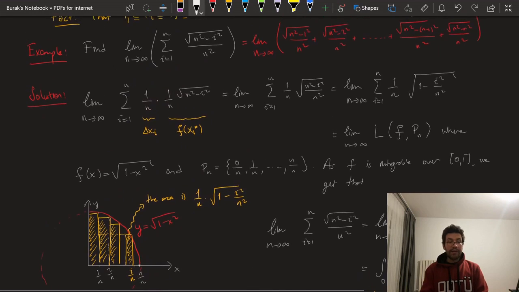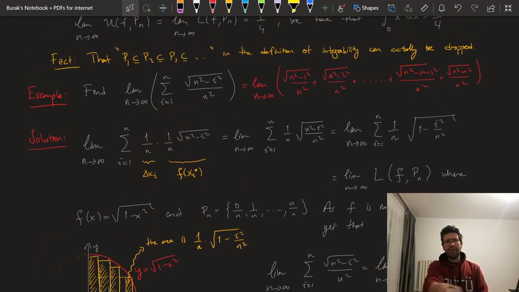So what did I do here? I'm given this interesting limit of a certain sum, and I tried to see the sum as a Riemann sum, and it turned out to be a lower Riemann sum. I could have seen this as a general Riemann sum for some other function as well, but I realized that I can see this as a lower Riemann sum for the function square root of 1 minus x squared for a partition with n intervals of equal length.